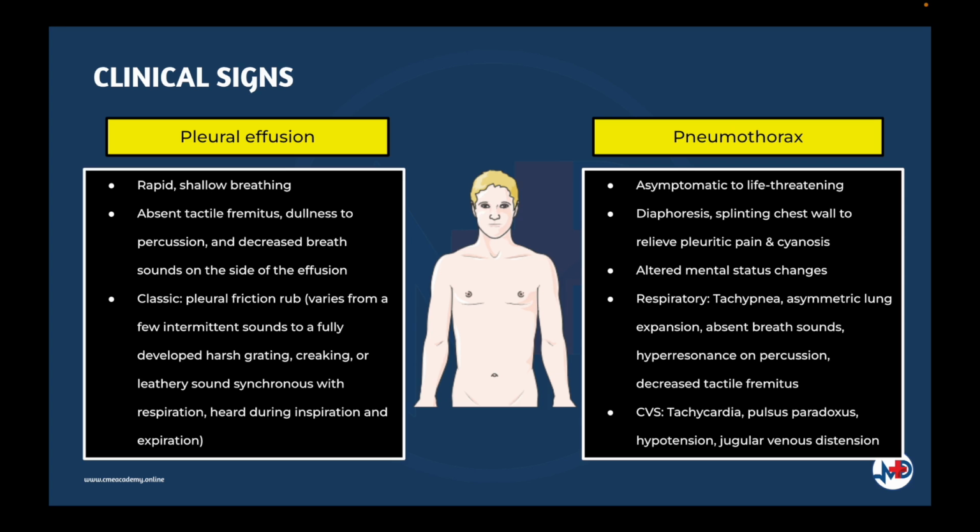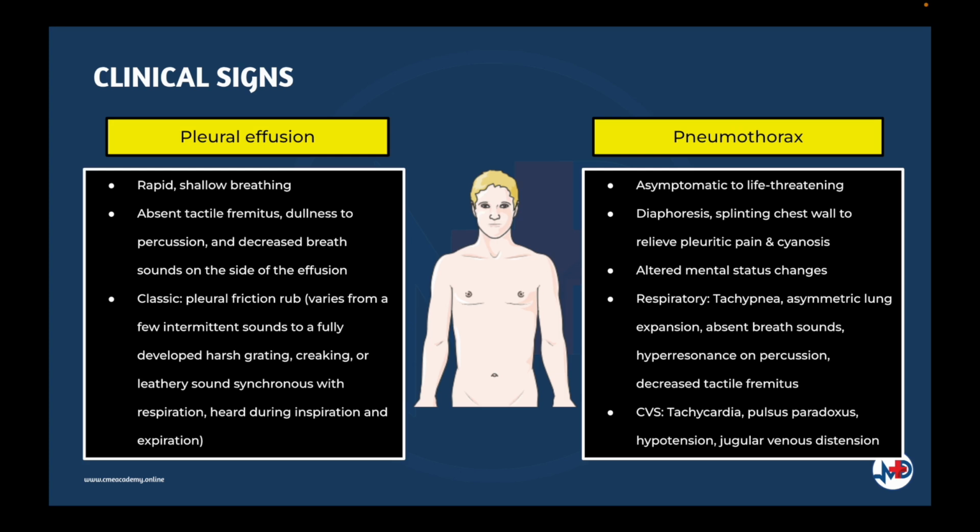As for pneumothorax, the diagnostic and associated signs range from being completely asymptomatic to life-threatening respiratory distress, and these signs include diaphoresis, splinting chest wall to relieve pleuritic pain, cyanosis, and an altered mental status change, which can also be one of the major signs due to hypoxia.